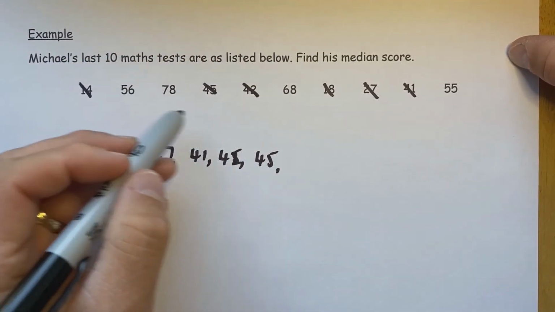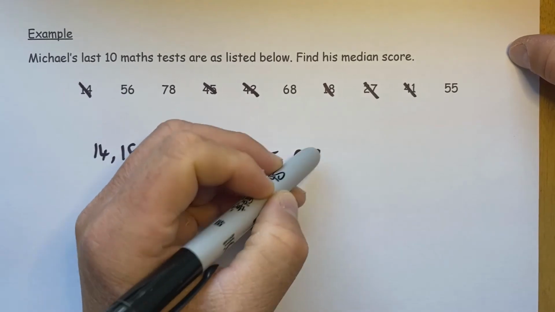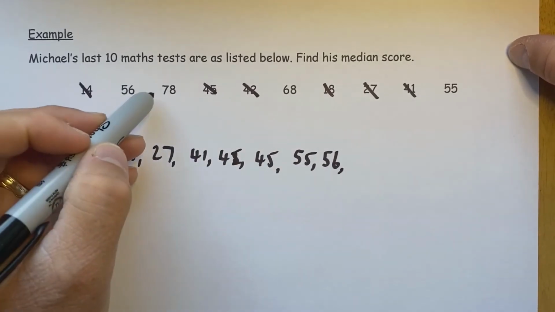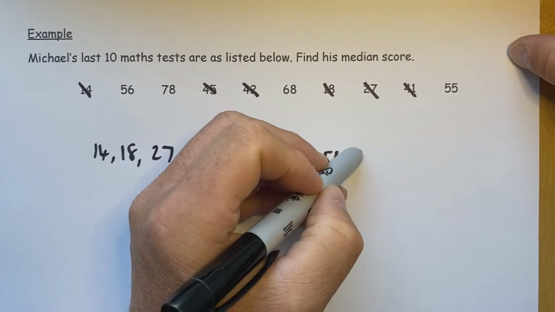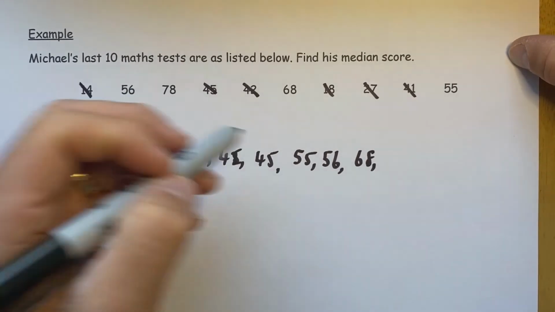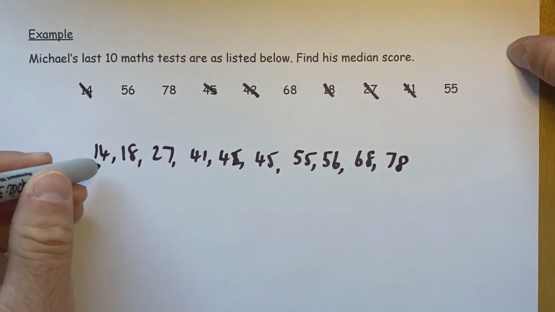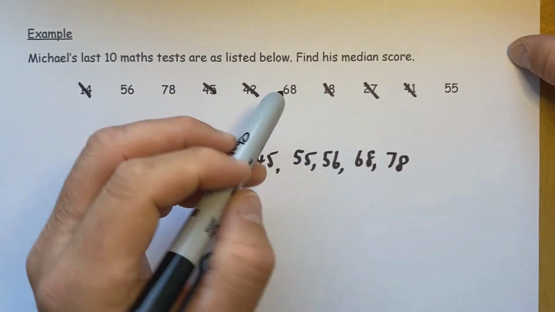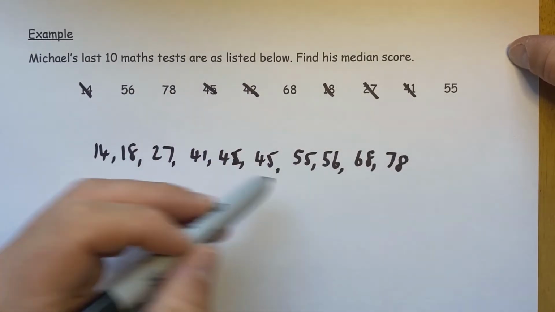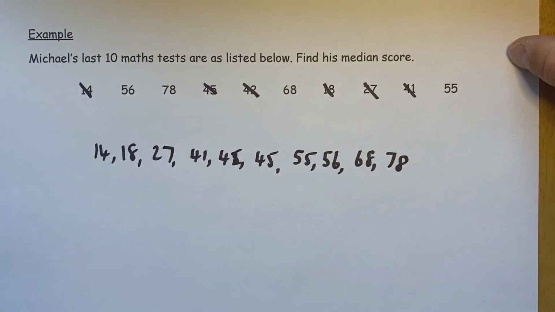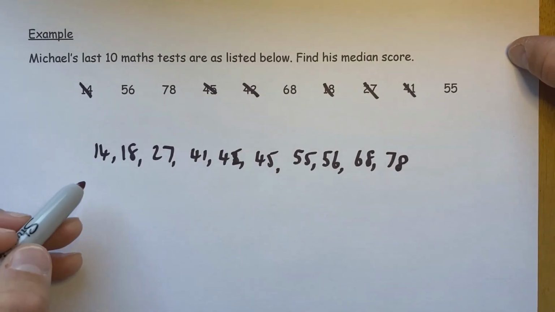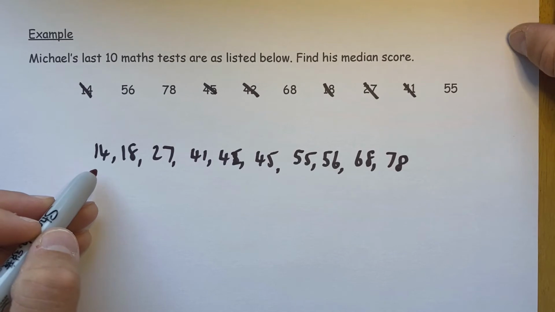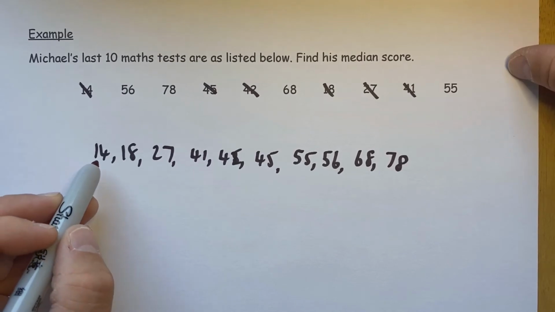Then in the 50s we've got 55, 56. And then we've got 68 and 78. So 1, 2, 3, 4, 5, 6, 7, 8, 9, 10. And if I'd missed that 42 out, I counted them, I would have realised one was missing. So 10. As with the previous example, we've got 5 each side.